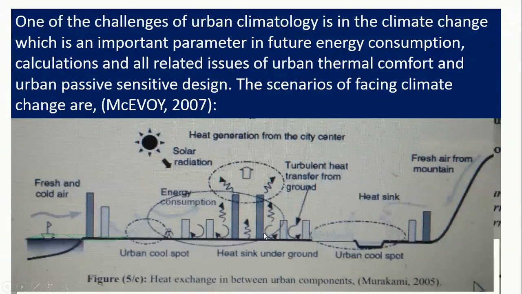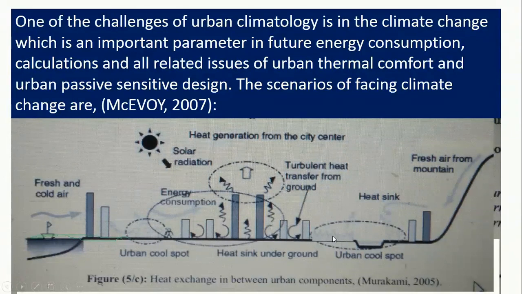It becomes a heat sink. Fresh air from the mountain, on the side of the mountain, the wind blows downwards and gets compressed and the temperature increases, so it becomes a heat sink. Here the temperature increases because of the turbulent heat transfer from the ground and from the buildings.